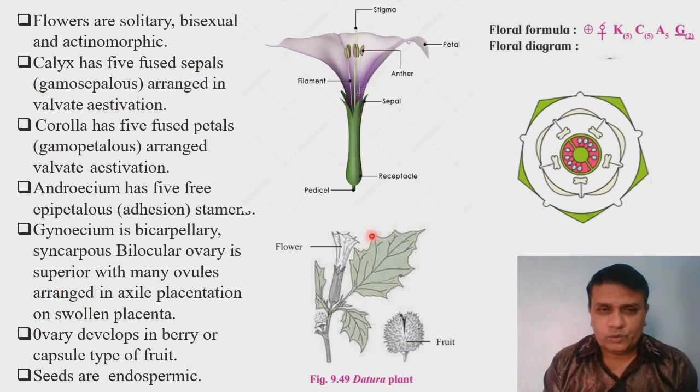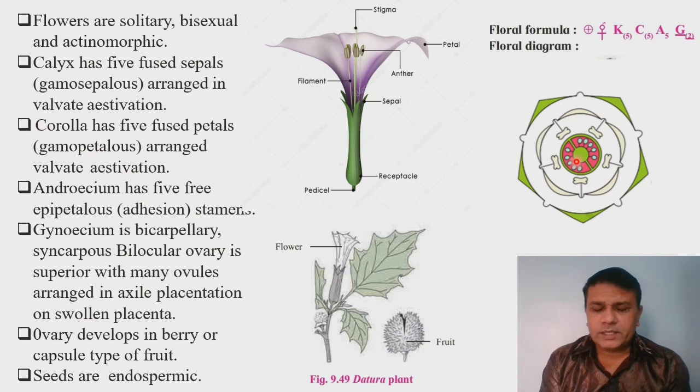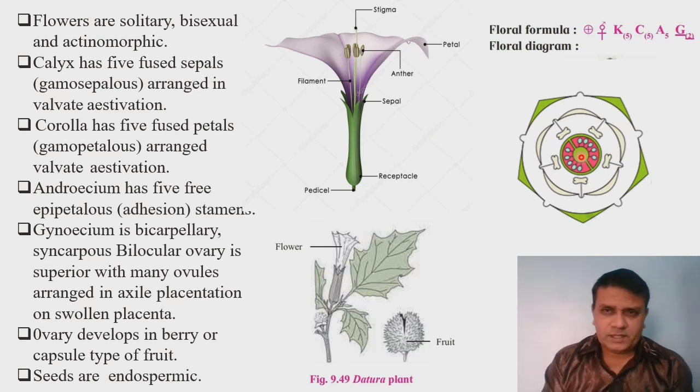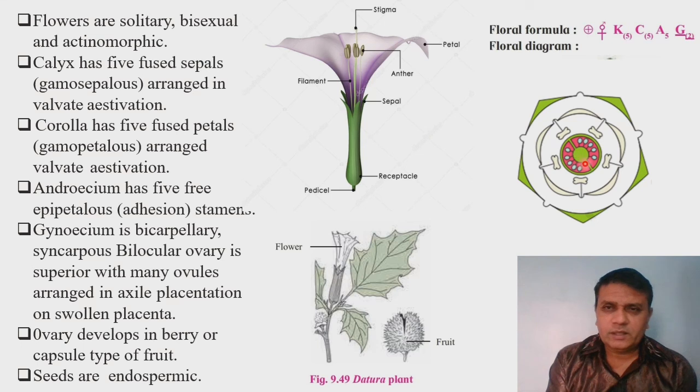Here we can see the ovary, that is a bilocular ovary, and it shows many ovules. The placentation is axial placentation. That means these ovules arise from the central axis of the ovary. Hence it is called axial placentation. And here we can see the placenta, which is swollen or enlarged in size.